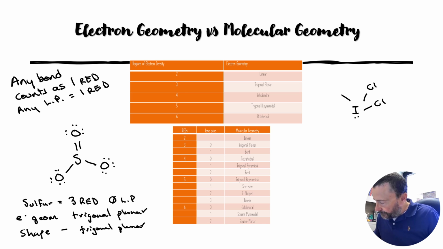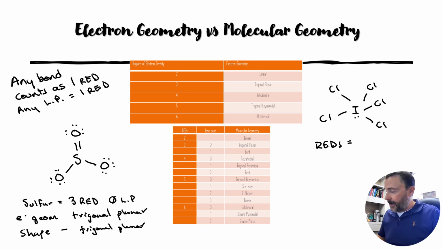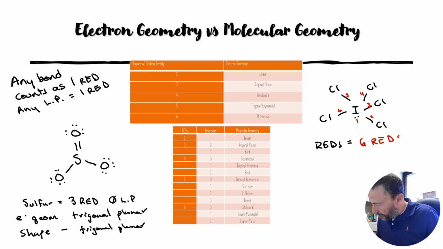Okay. What about earlier we had that ICl5? Okay, the regions of electron density around our iodine, there's 1, 2, 3, 4, 5, 6. And one of them was a lone pair.